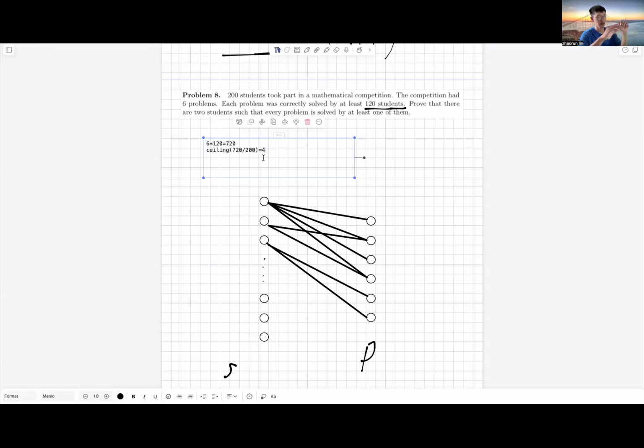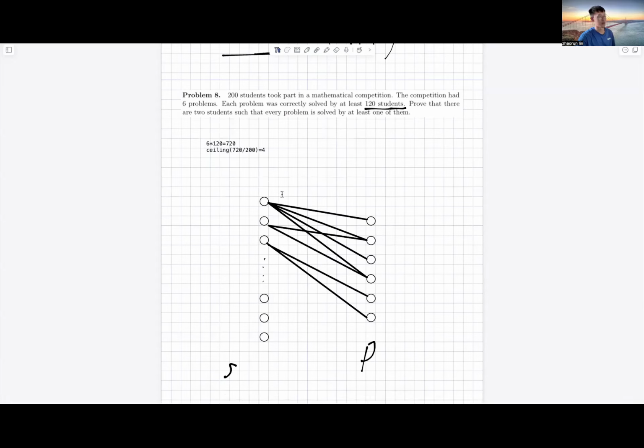Because if we only consider this, let me put the first node, we put 1 edge here, and the second node we put 1 edge here, and the third node we put 1 edge here. After we put 1 edge for all the students, there are 200 students, so 200 edges, and we still have 520 edges left.